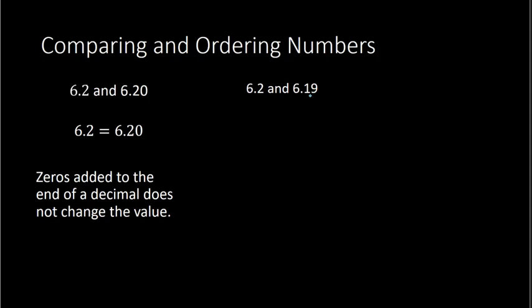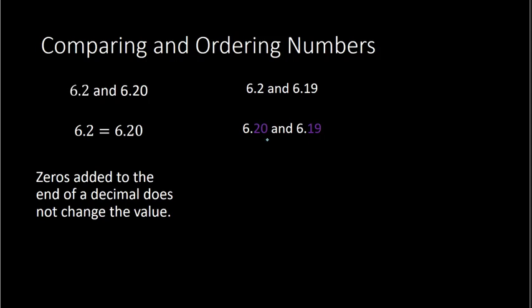To compare, it's usually helpful if I make sure that they both have the same number of digits after the decimal point. So I can write 6.2 as 6.20. That is the same thing. Right, we just stated that previously.